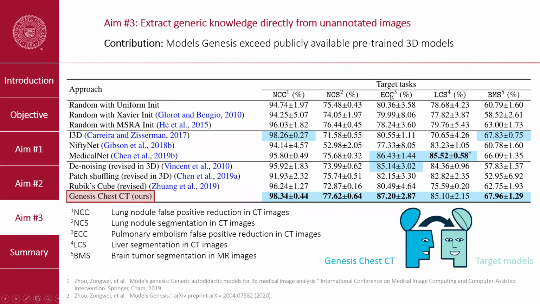Models Genesis shows higher precision and more robust performance than existing methods on 5 medical applications, including lung nodule detection and segmentation, and pulmonary embolism detection, liver, and brain tumor segmentation. We pre-trained Models Genesis on more than 800 chest CT images, and then transferred the image representation to different target applications.